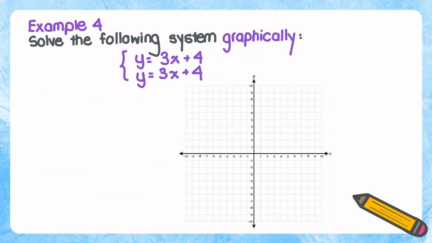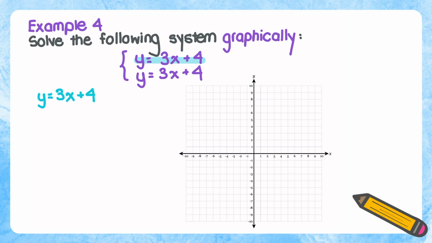Let's look at one more example together. So here, our linear system is y equals 3x plus 4 and y equals 3x plus 4. You probably noticed something already. Let's focus on the first equation, y equals 3 times x plus 4.